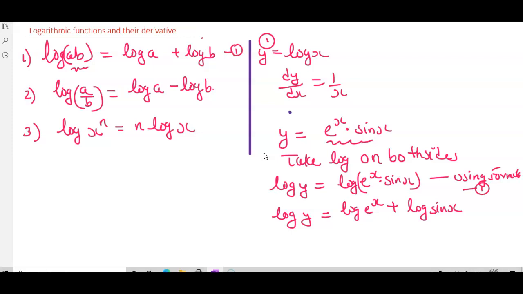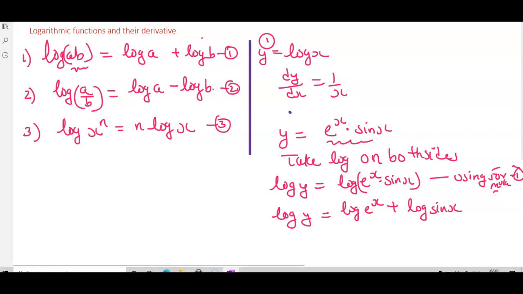Let me mark them as equation first, equation second, equation third.